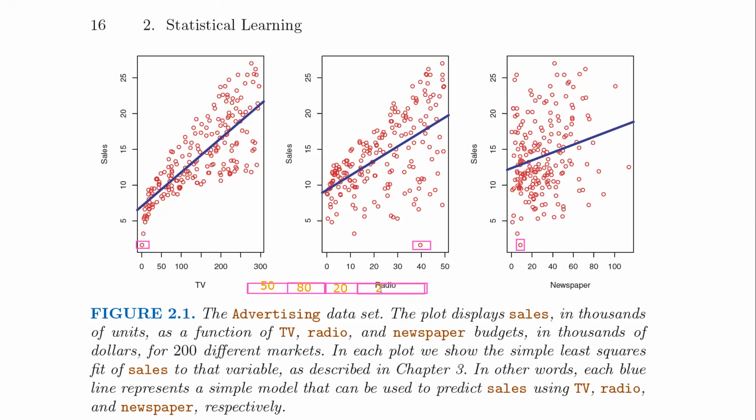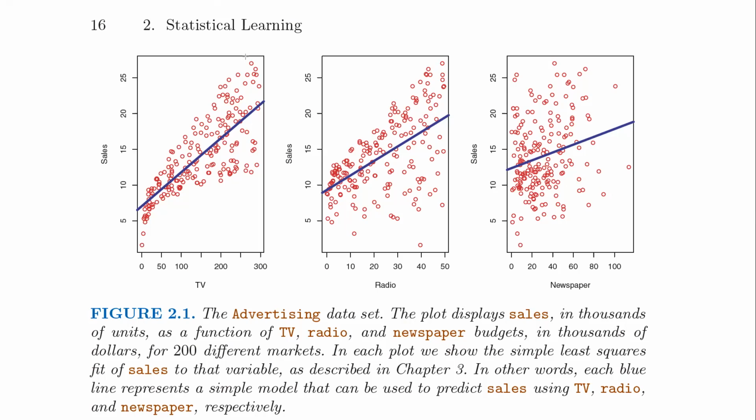Do you in fact know what impact the TV budget had on the 2,000 units sold? What impact the $80,000 had on the 2,000 units sold, and what the $20,000 had? There is this question: what's actually driving the sales?